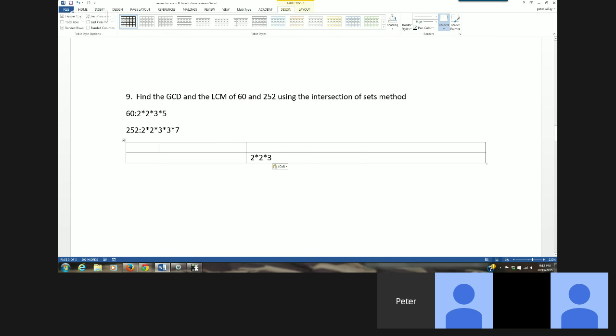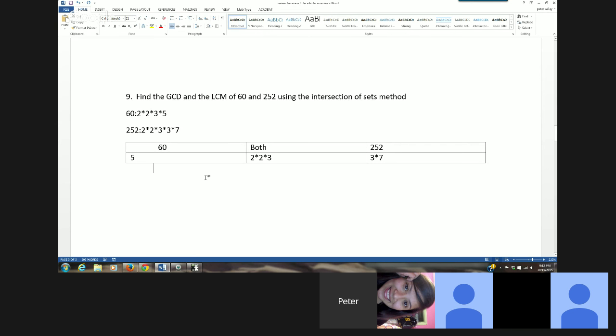So this is the things that break up to 60, this is both, and this is 252. They both have 2 sets of 2's. They both have a 3. 60's got another factor of 5, and 252 has got a 3 times 7. If I take 5 times 2 times 2 times 3, I get 60. And if I take 2 times 2 times 3 times 3 times 7, I get 252.